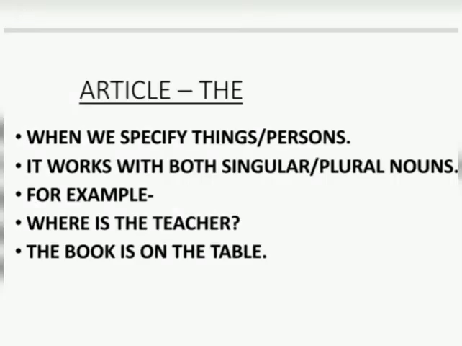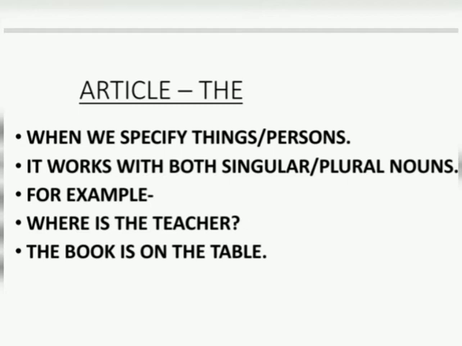The is used in front of a noun when we believe the listener or reader knows exactly what we are talking about. It works with both singular as well as plural nouns. For example, where is the teacher? The book is on the table.